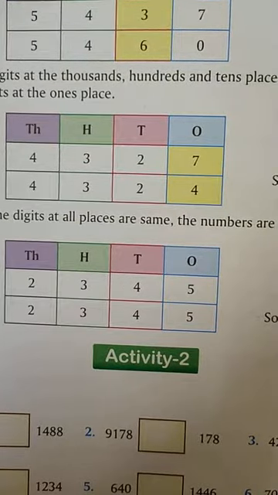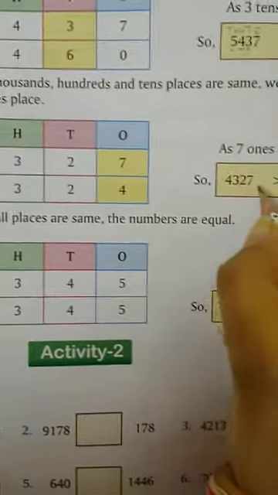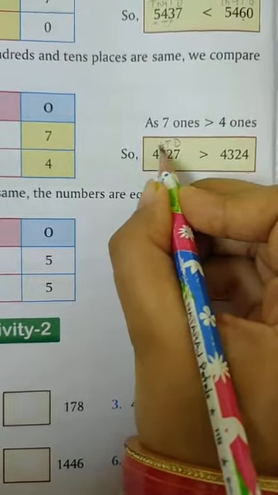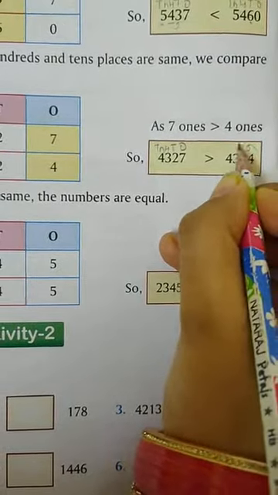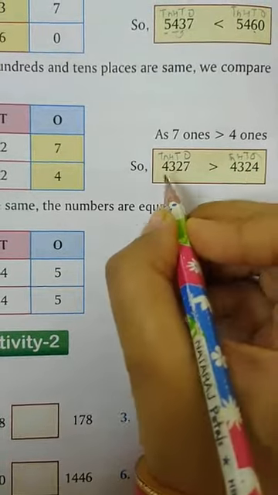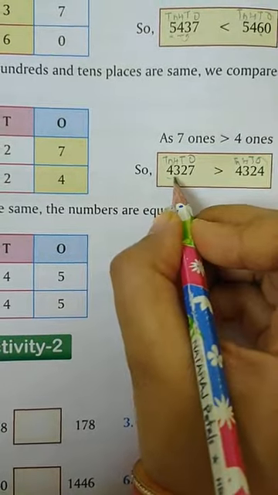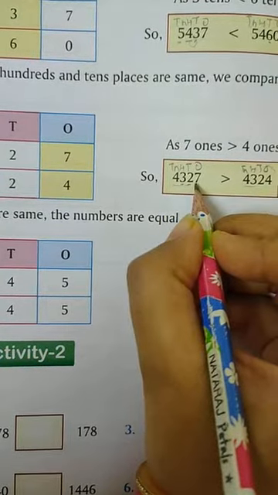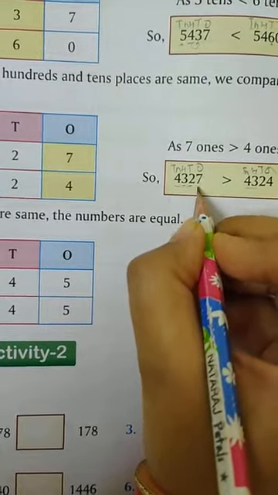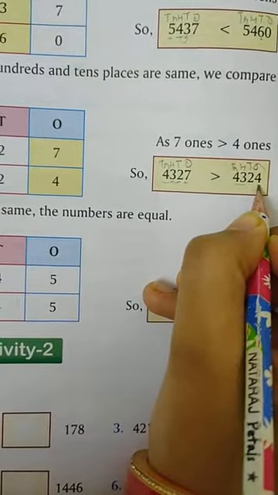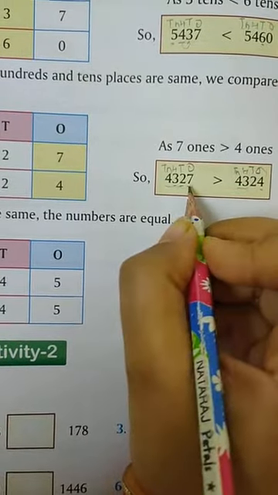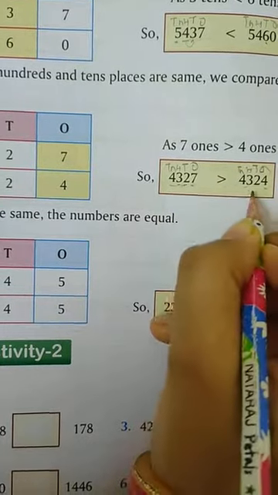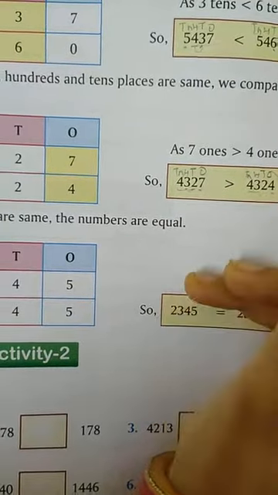Now if the digits at the thousands, hundreds and tens place are the same, then how do we compare the numbers? Simple, we move to another place value, that is the ones place. You can see over here that on the thousand, hundred and tens place the same digits are present on both sides. Here on the ones place 7 is present and here on the ones place 4 is present. All of you know very well 7 is greater than 4, so 4327 is greater than 4324.